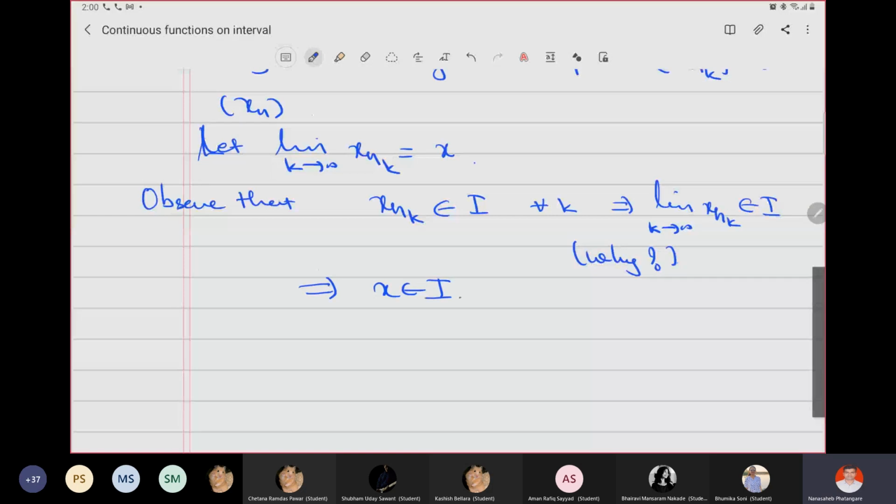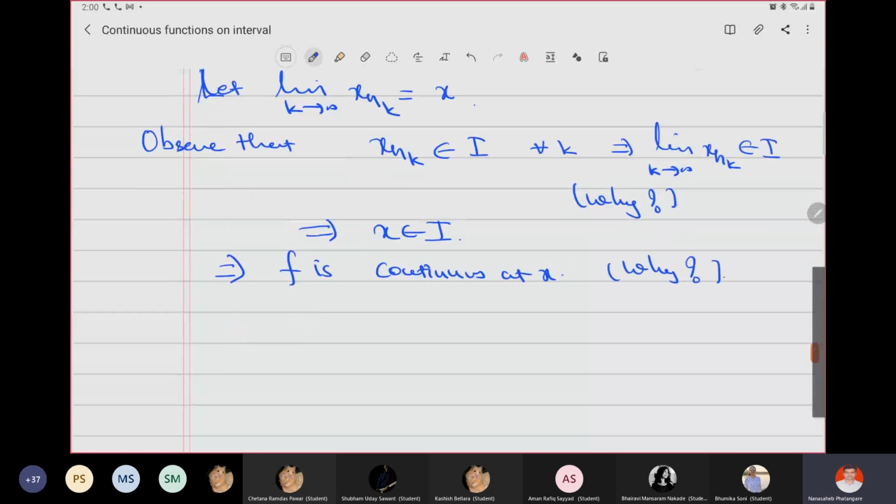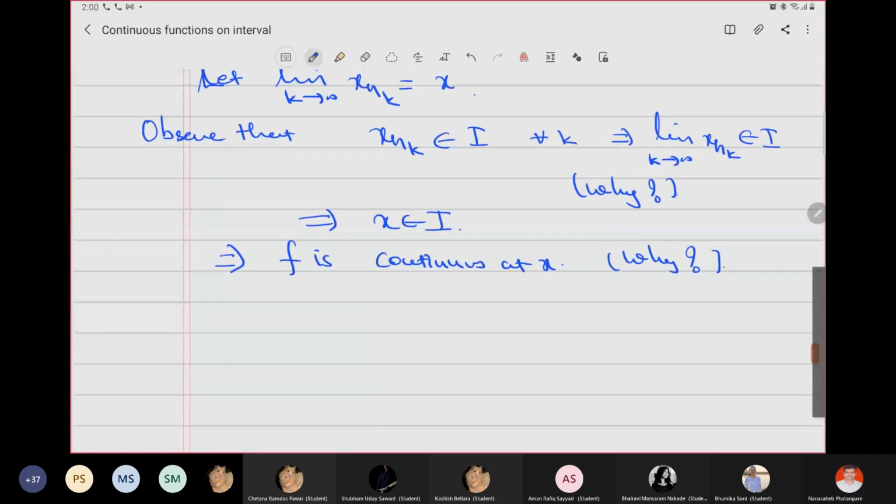Now, therefore, can I say that f is continuous at x? Yes. By sequence, is it true? f is continuous at x?